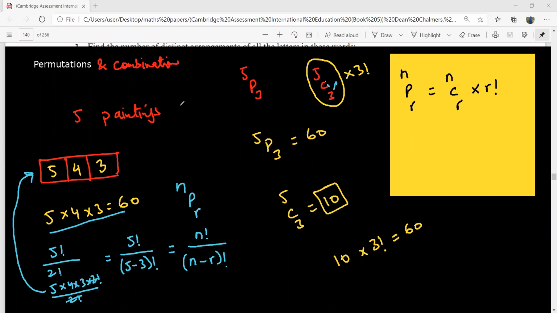Let me tell you, beta, suppose the paintings are there. You have 5 paintings in front of you and you want to just carry them to any other destination. That would be 5C3.